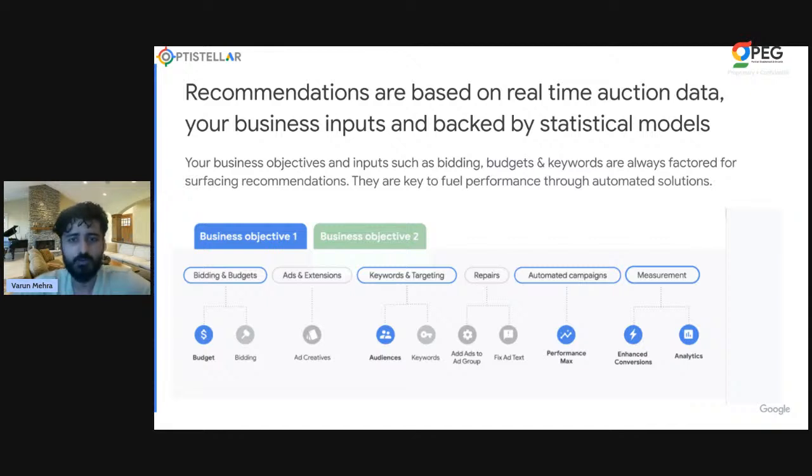Combined with the other AI algorithms and the backend statistical models that Google has, it makes it easier and more efficient for you as a marketer to take actions that help you get a better ROI out of these campaigns. So your business objectives, such as inputs and bidding, budgets, and keywords, are always factored in. That's key number one. And these are the key fuel, along with the other statistical models, to increase the performance of the marketing campaigns that you're running on Google Ads.